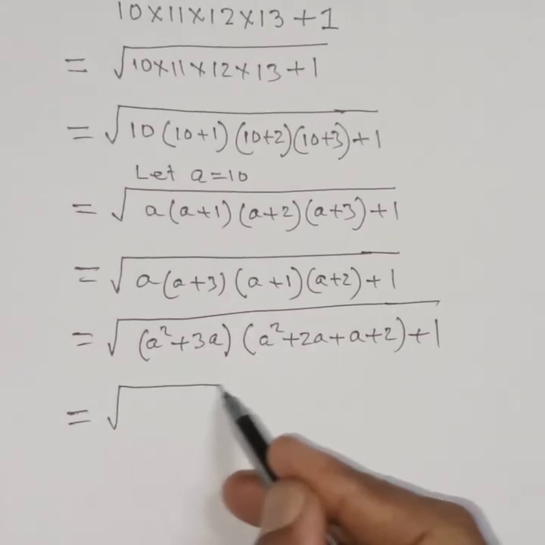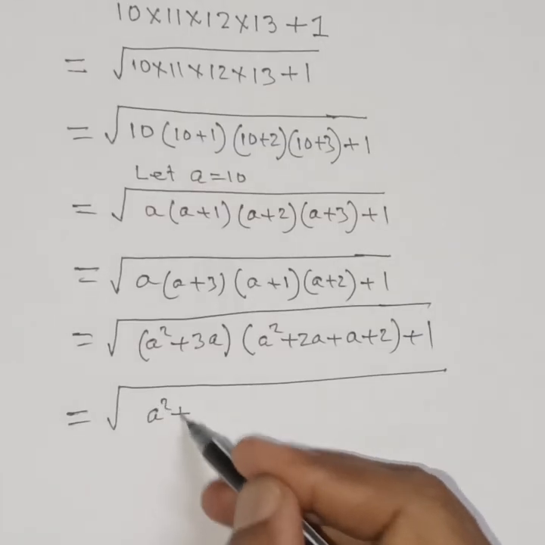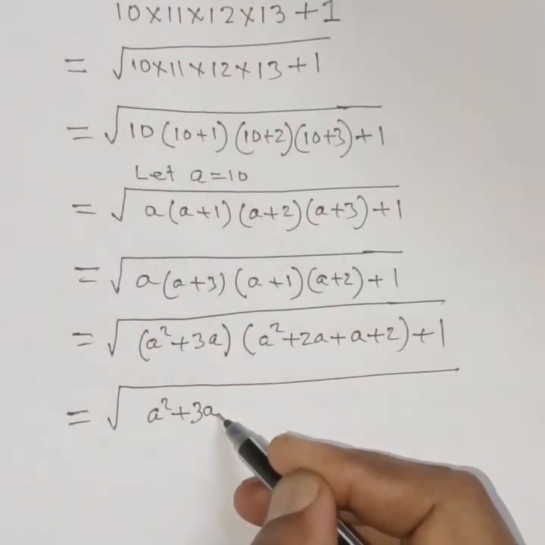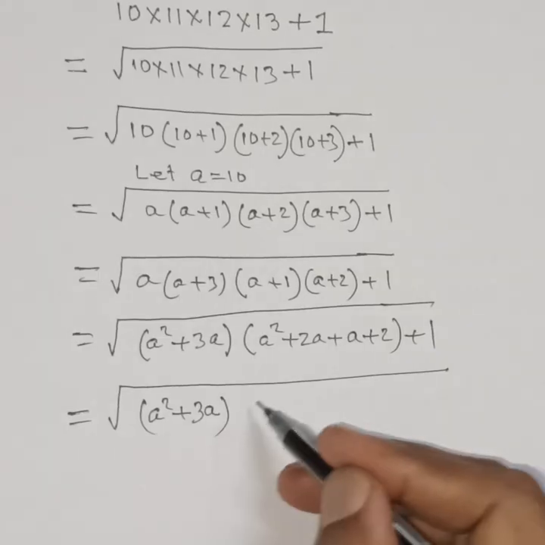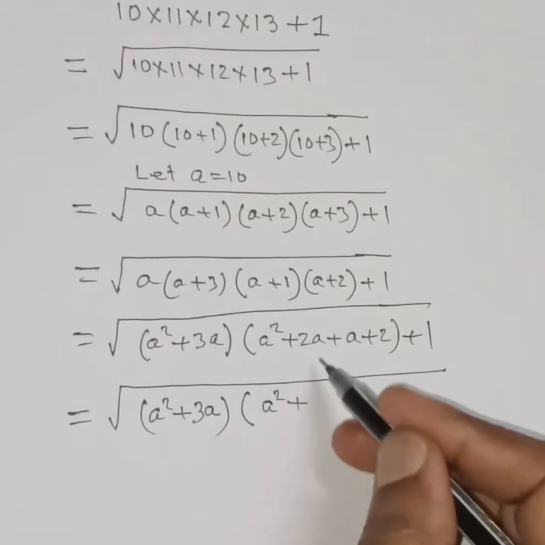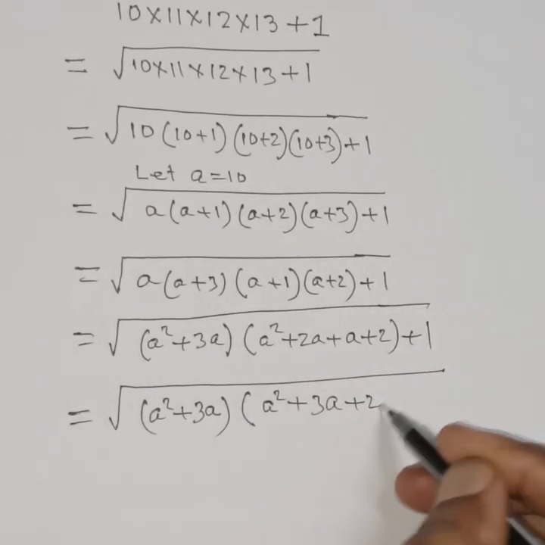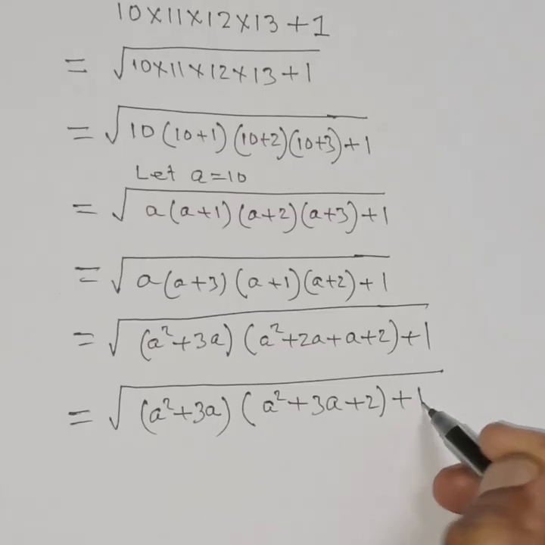Next step, square root of a square plus 3a into a square plus 2a plus a, 3a plus 2 plus 1.